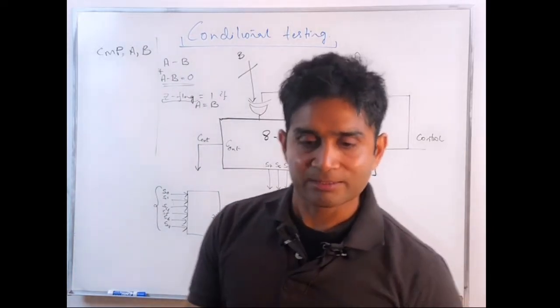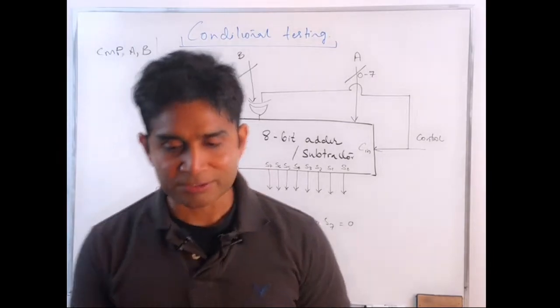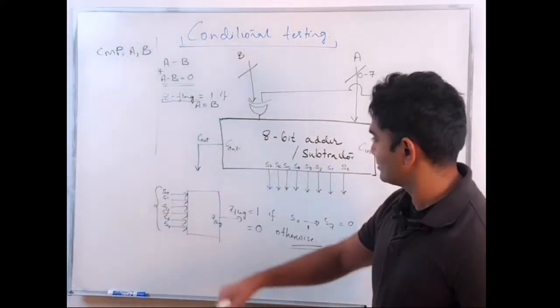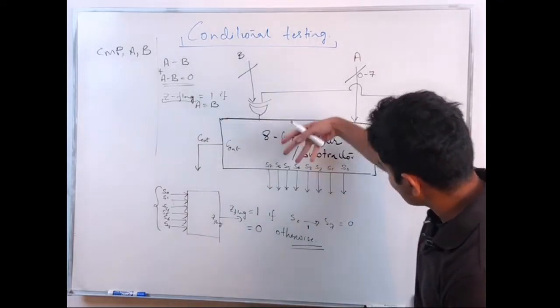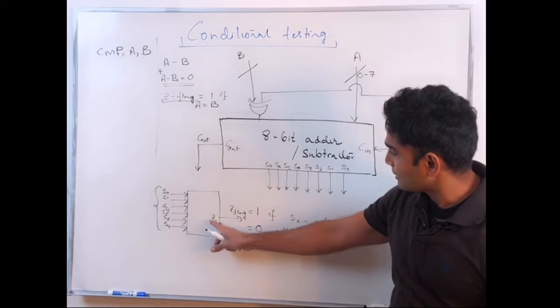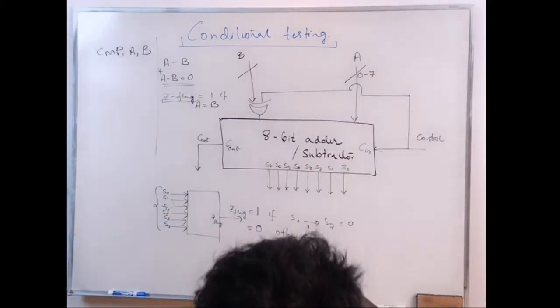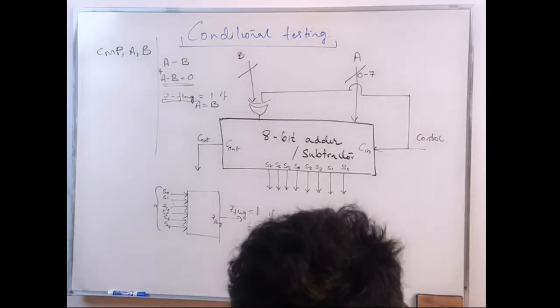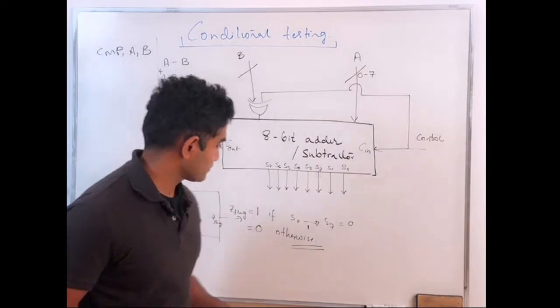That indicates that A is equal to B. Any suggestions on how I should implement this particular block? I'm taking these values as inputs to a block, giving me an output of Z flag, that should be 1 if all of those individual inputs are 0. An OR gate, perfect. That's all I have to do.